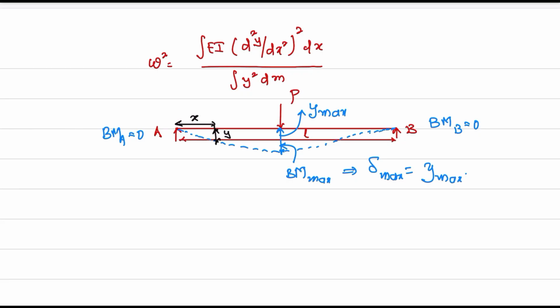Maximum deflection is y max, and at a distance x from one end of the support on the beam, the deflection is y. Then we have to find out the equation of this deflected curve. What is the equation of the deflected curve?